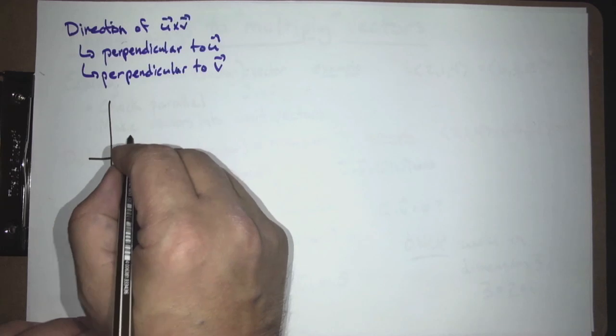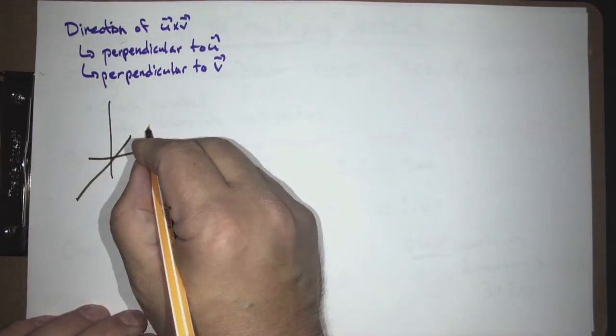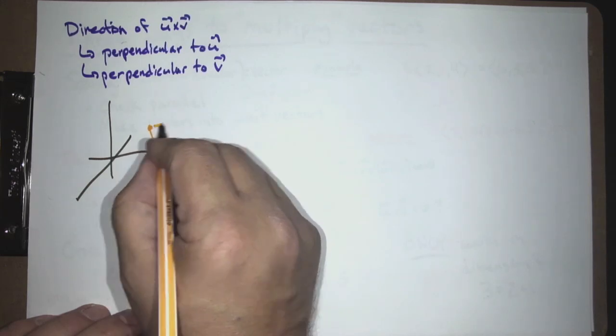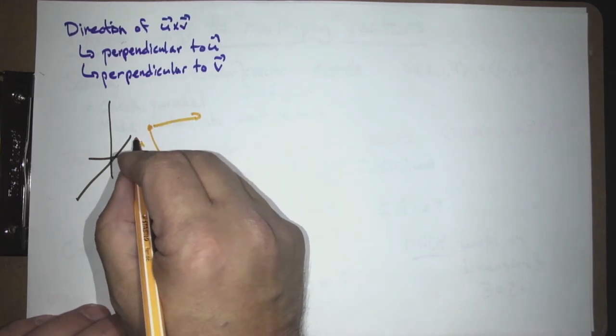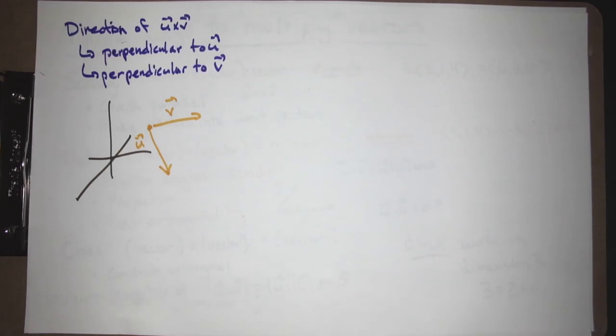Now, let's think about what's happening in our three-dimensional space. We put our vectors together at the tails somewhere, it doesn't really matter where, and we have U and we have V. If you think about how U and V relate to one another, they're essentially sitting in a common plane.